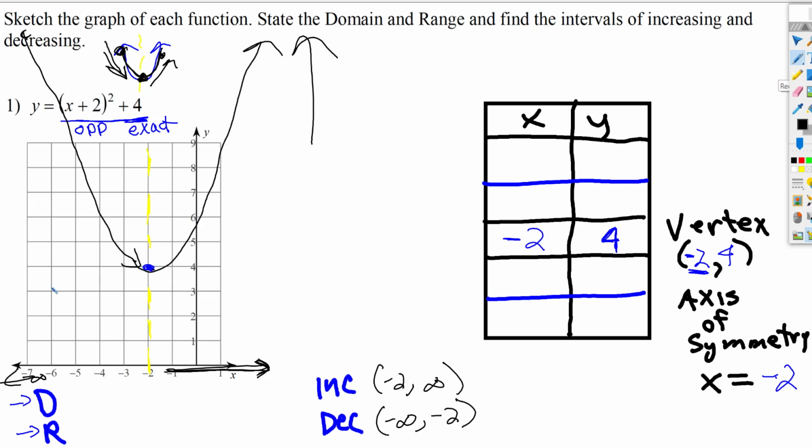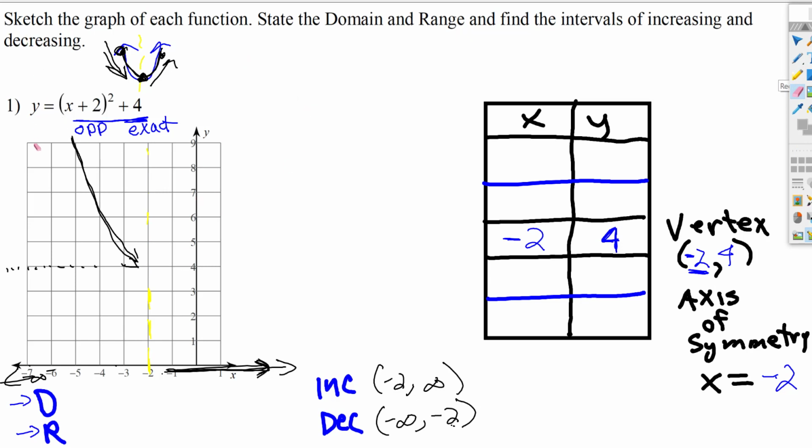And then as you're looking at the x numbers, we're coming down on this side, so from negative infinity up till negative 2, and then from negative 2, as we keep going this way, the graph keeps going up. So that's intervals of increasing and decreasing. Okay, so we did that.